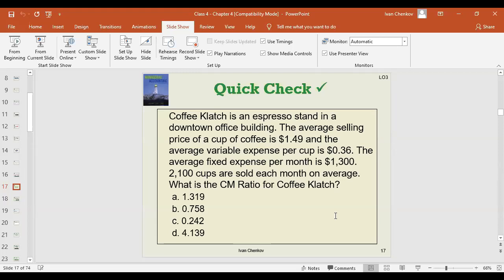Once you know the sales price is 1.49 and the variable cost is only 36 cents, logically, is it possible for your contribution margin to be only 24%?